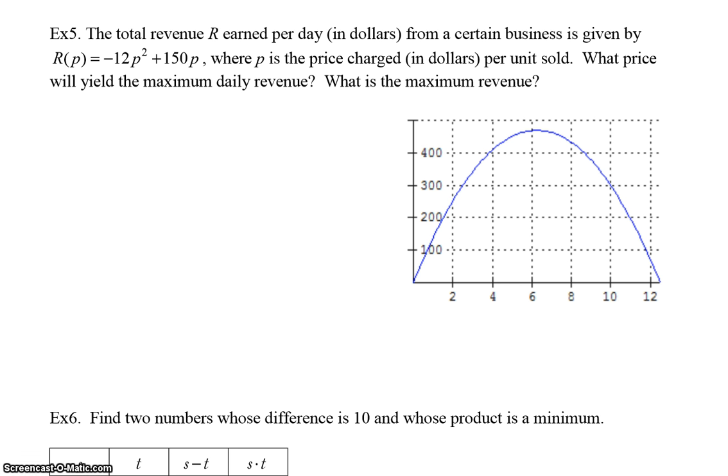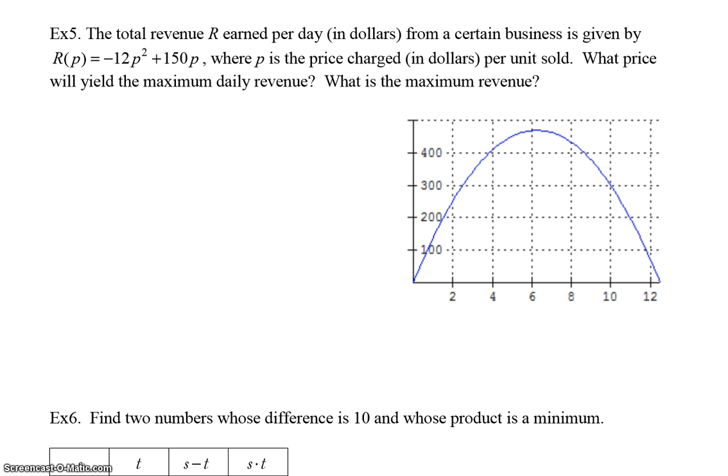Well, what we notice is that our revenue function is a quadratic function. It's quadratic in the variable p rather than in the variable x. So the p is really acting like the x in this particular situation. So what we need to determine is the vertex of the parabola that is given by this particular function.